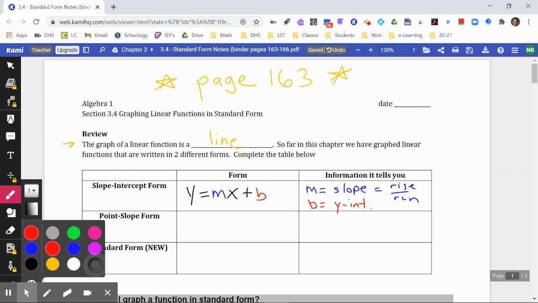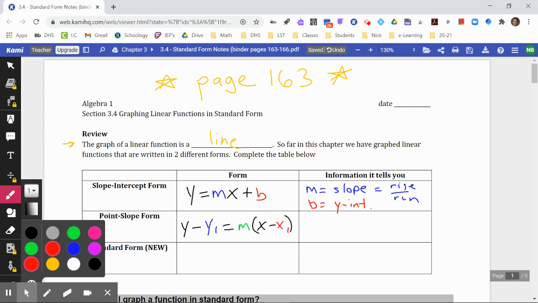And then more recently, we learned about point-slope form. In point-slope form, it looks like y - y1 = m(x - x1).